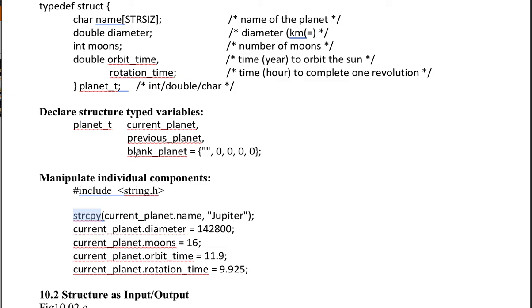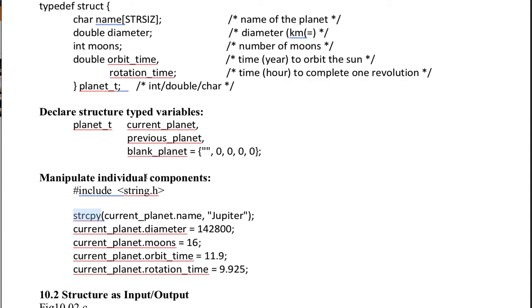So in order to assign a name to the name of this current planet, you are going to use the string library function, string copy, and then the string Jupiter is assigned to current planet and to the member, not the entire thing.